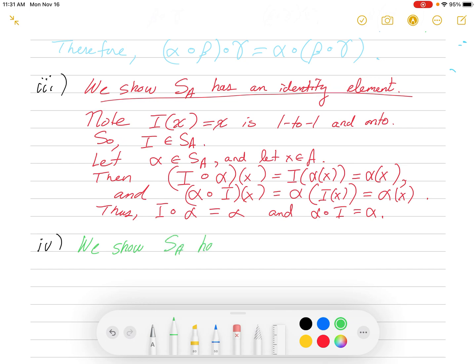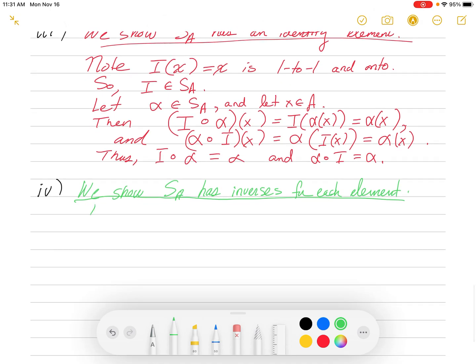We show SA has inverses for each element. So let's take an arbitrary element in SA, an arbitrary permutation, let's call it alpha. A very important fact is that one-to-one onto functions always have inverses.